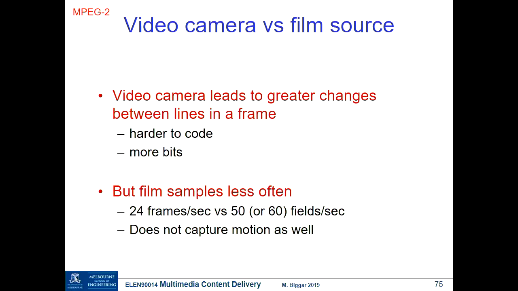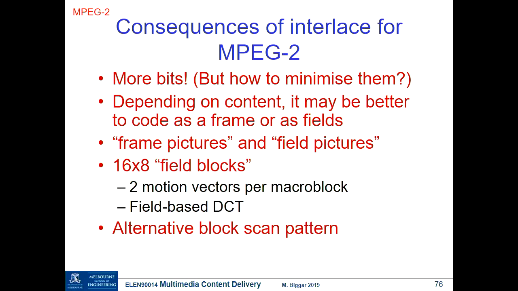So we have this problem that anything transferred from film doesn't capture motion as well, but it's easier to code because the frame is consistent. It doesn't have this jagged edge type appearance. But interlaced video captures motion more accurately.